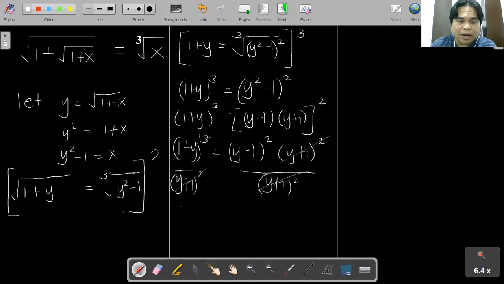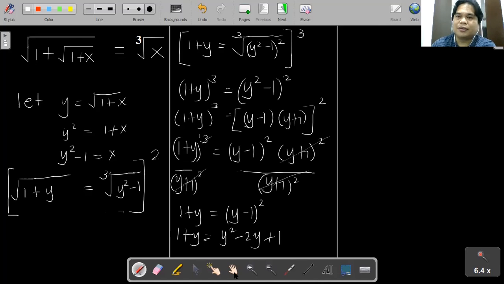So the entire equation now looks this way. 1 plus y is equal to (y minus 1) squared. Okay. And then 1 plus y is equal to, you can expand this one, y minus 1 squared, that becomes y squared minus 2y plus 1. Okay, the best thing to do now here is we will just have to combine like terms.